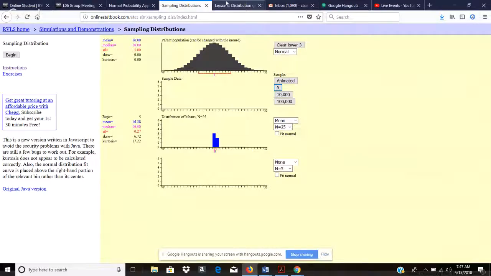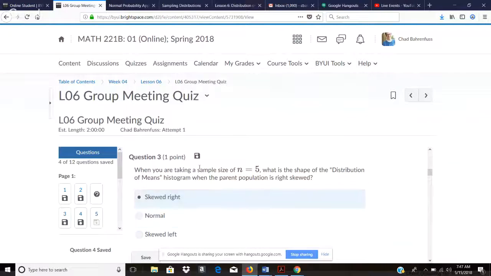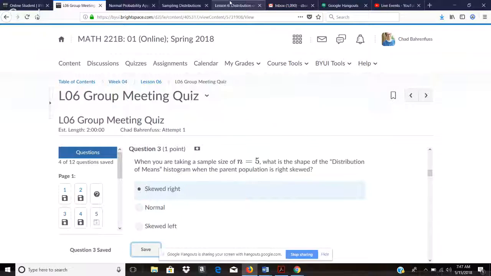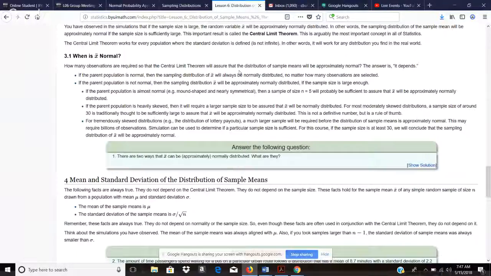Yeah, it's right skew because the sample size is small. Yeah, I'm looking at my quiz. The sample is small. So in the book, it says if the population is skewed, then it will require a large sample size to be assured that it will be normal, right?